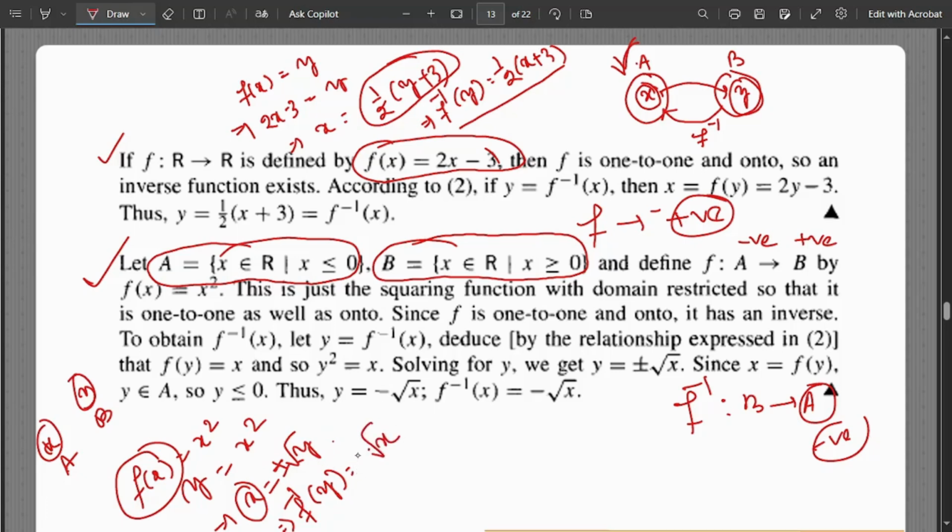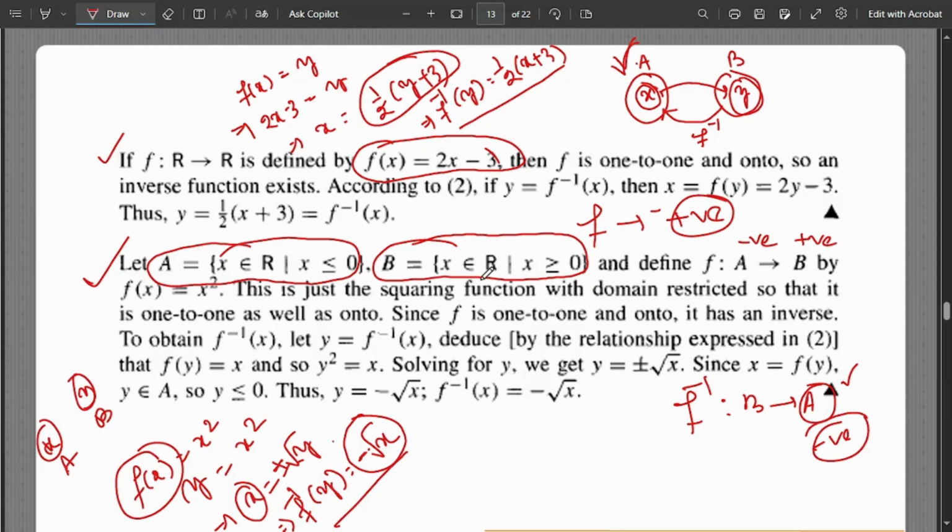What do we have to write here, plus or minus? Since the image of f inverse of y will be A, and all elements of A are negative, we have to write negative here. Okay, this is the inverse of this. So this is all about the inverse of a function.